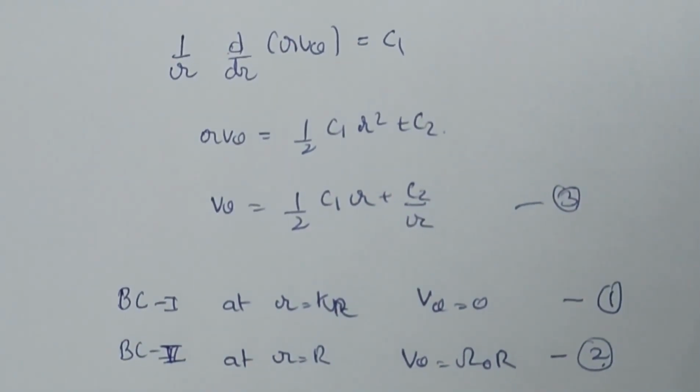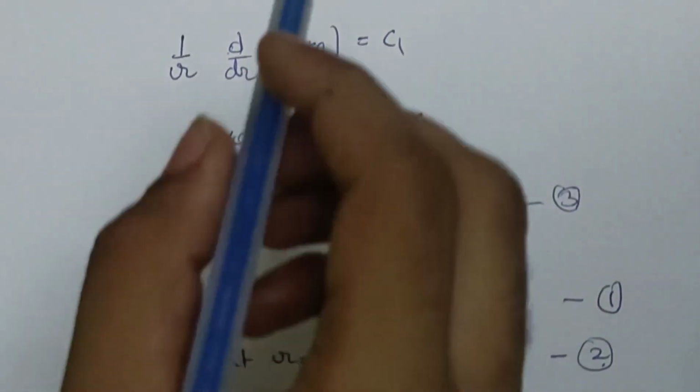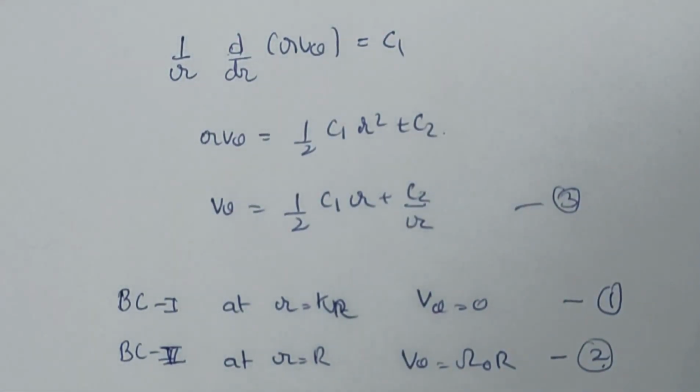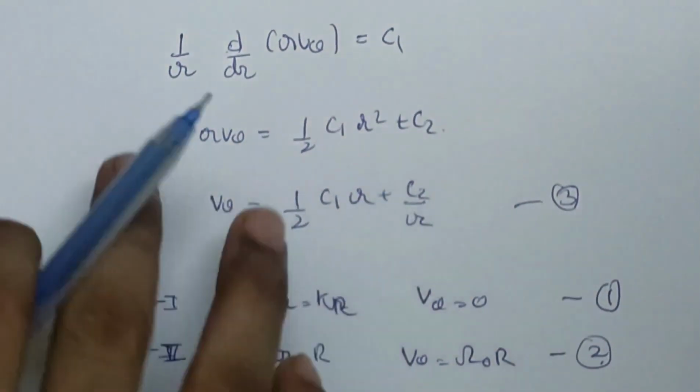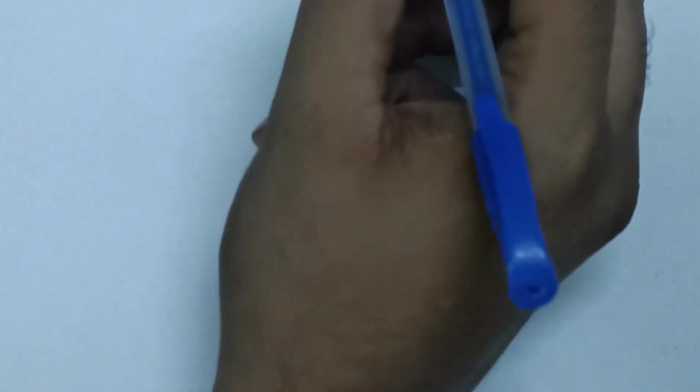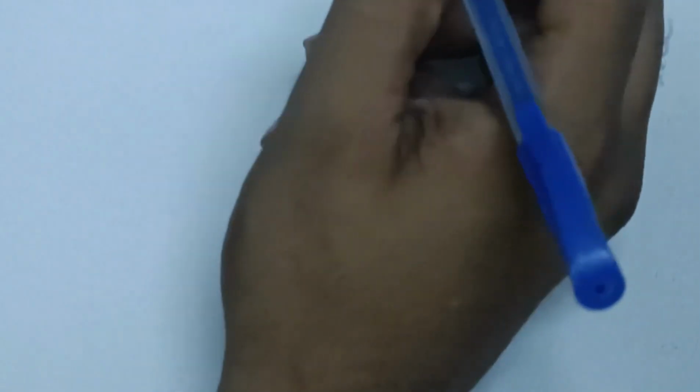After obtaining the values of C1 and C2, we put them in this equation to get the final equation, which is v theta equal to omega naught r into (r by kappa r minus kappa r by r) divided by (1 by kappa minus kappa). So this is our final equation.